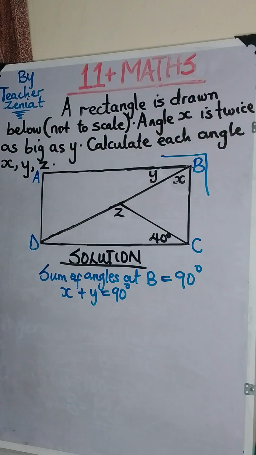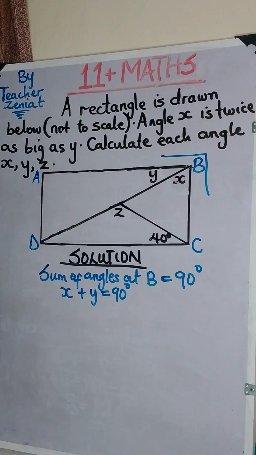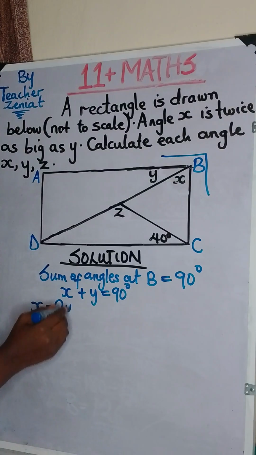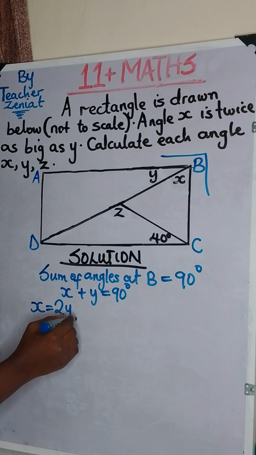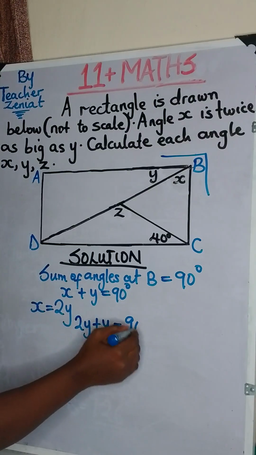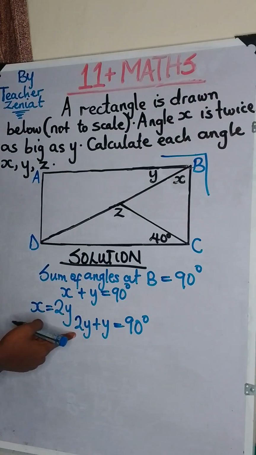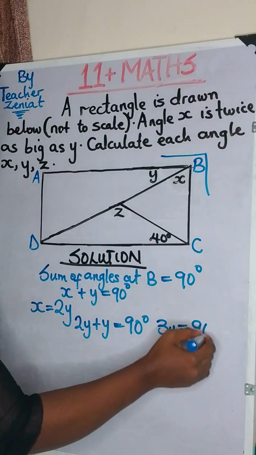But in our question, they said that angle X is twice as big as Y, meaning that X is twice as big as Y. So anywhere we see our X, we are going to be putting 2Y. So we have 2Y plus Y is equal to 90 degrees. 2Y plus Y will give us 3Y. So we have 3Y is equal to 90 degrees.